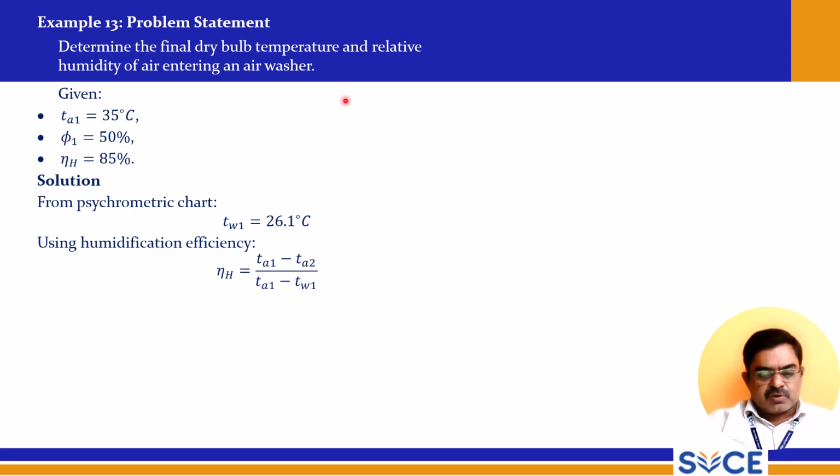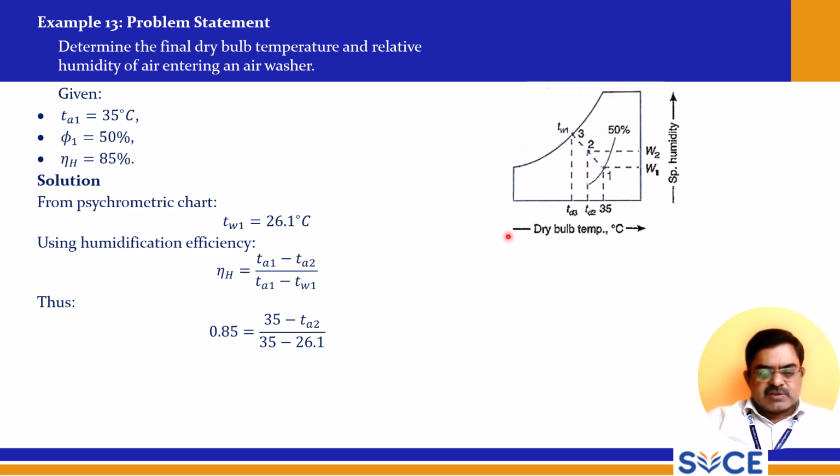So the humidification efficiency equal to (TA1 minus TA2) divided by (TA1 minus TW1). Then 0.85 equal to (35 minus TA2) divided by (35 minus 26.1). This is TA2 and this is TA1 equal to 35 degrees Celsius, and TA2 is unknown.